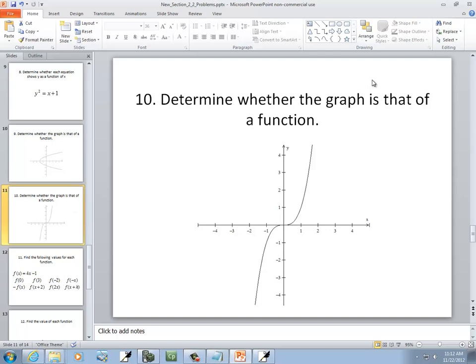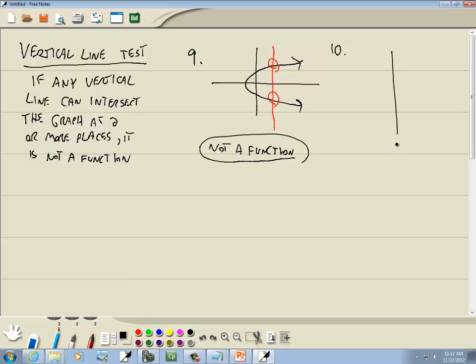Number 10. Question is whether you can draw a vertical line somewhere that intersects at two or more places. Draw one here, it's one place. Draw one here, one place. Draw one here, one place. No matter where I draw a vertical line, the most it'll ever intersect is one place. So that means that's a function.